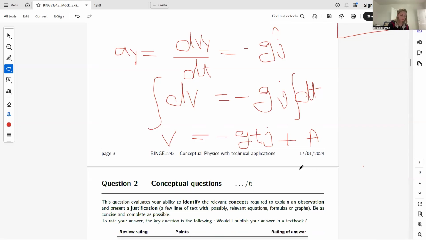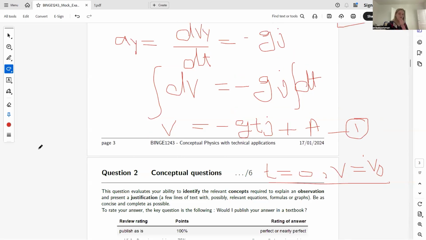To calculate the value of this integration constant, we need to apply an initial condition. Initially, when time was equal to 0, the initial velocity was v naught. When we replace this condition in equation 1, the equation becomes v naught is equal to minus gj into 0 plus a, and that results in a is equal to v naught.